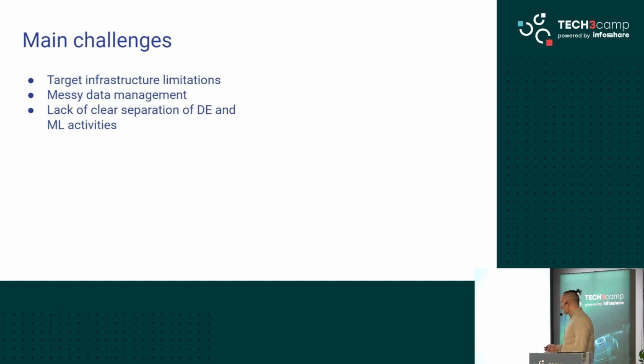Today I want to touch on the topics which caused most of the problems with this migration, all of them related to data processing: starting with data infrastructure limitations we met at the target, then an overview of data management in the project and how it affects the whole process. Also, I want to speak a bit about the lack of separation between the data engineering part and machine learning, which was specific to this engine.